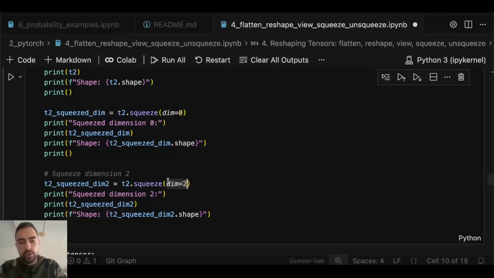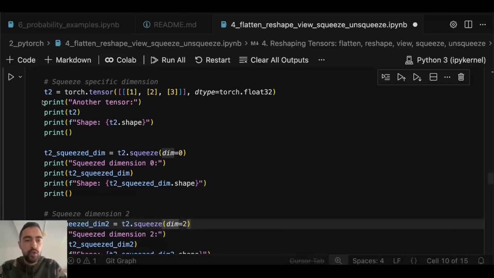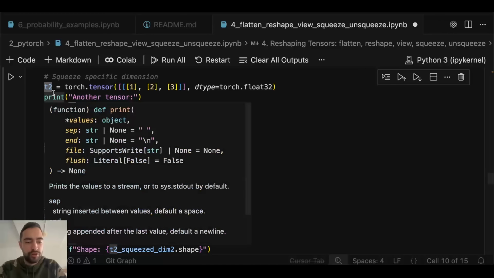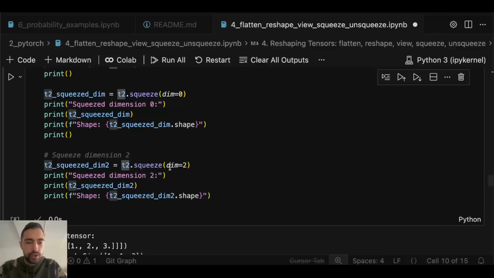I can also squeeze at dimension 2, so t2.squeeze. And remember, t2 is our original array. So this is not our squeezed one. I'm not squeezing the already squeezed array. I'm squeezing now the original array again, or I should say tensor. So squeeze the dimension 2 here.